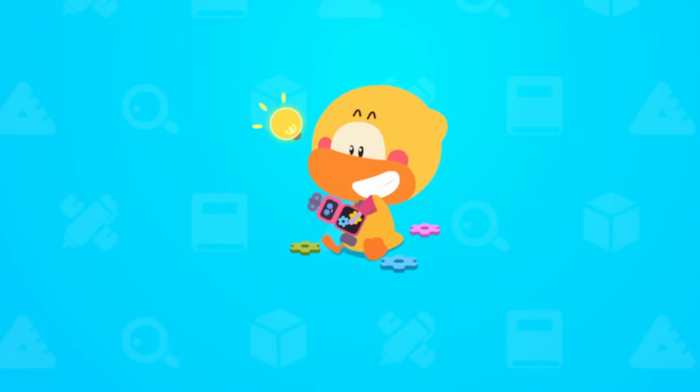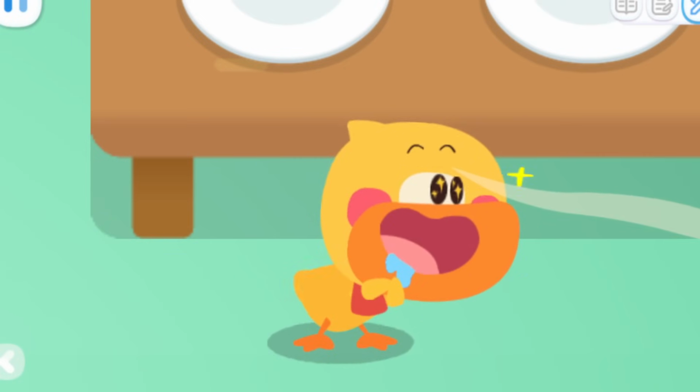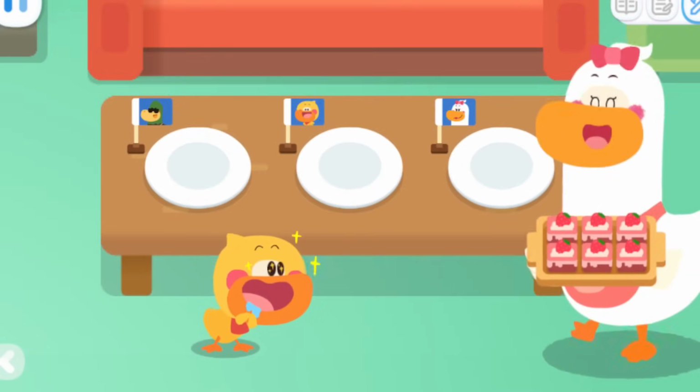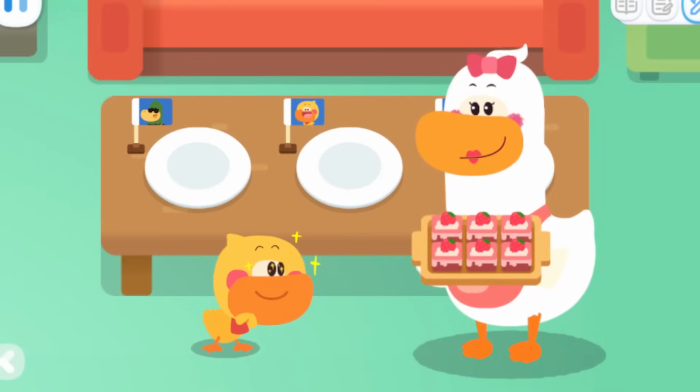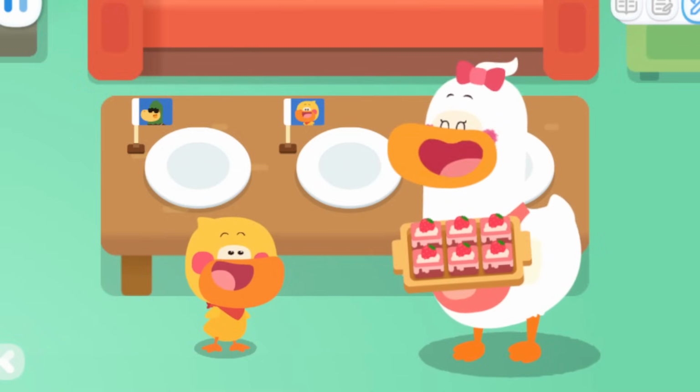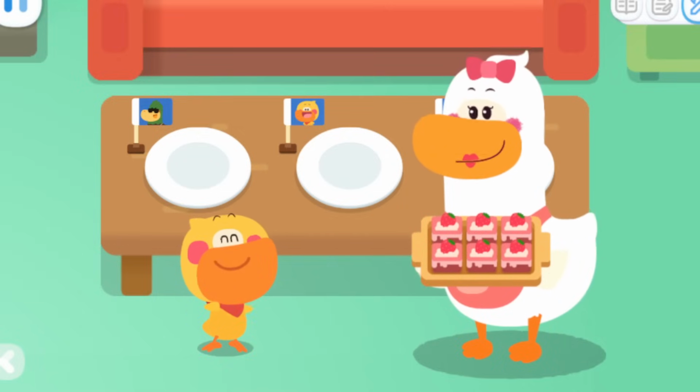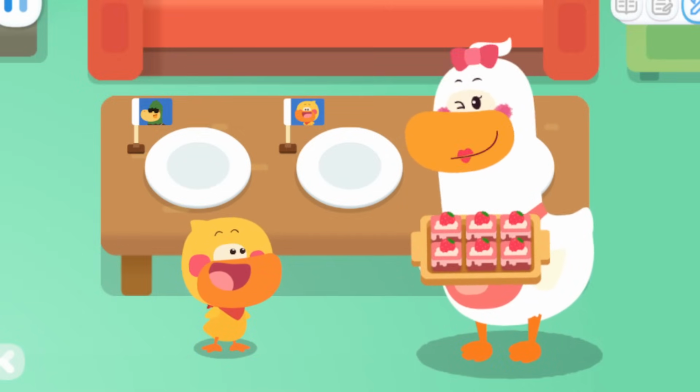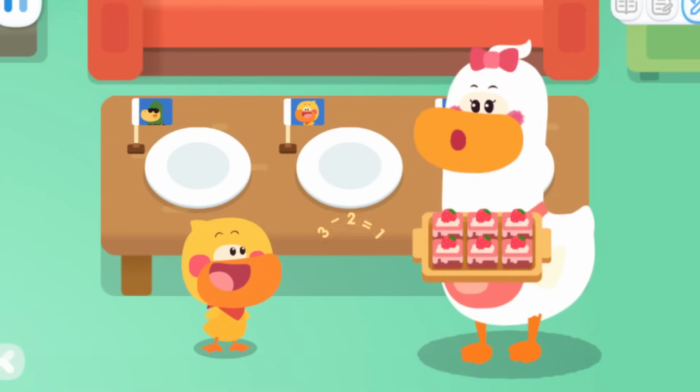Do it with Quacky. The delicious and sweet cakes are here. They smell so good. Are the plates all set? Yes! Good job. How should we divide the cakes?